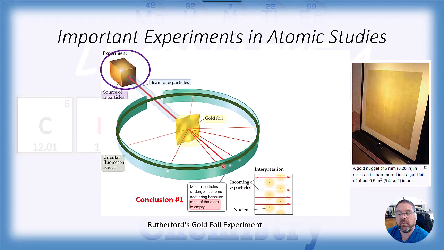The second conclusion of the gold foil experiment is that in that atom that is mostly empty space, at the center of it, there must be something very small, and he knew it had to be very small because only a very small proportion of the particles were radically deflected. It had to be very dense because it withstood the high energy alpha particles.